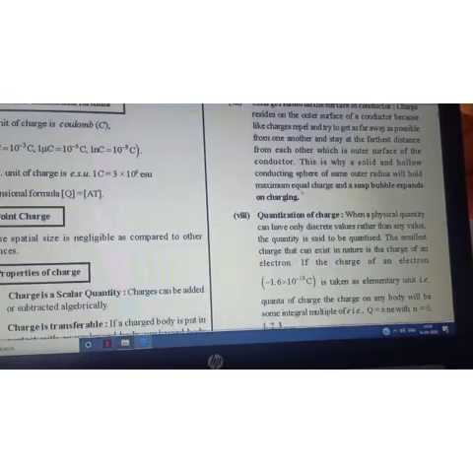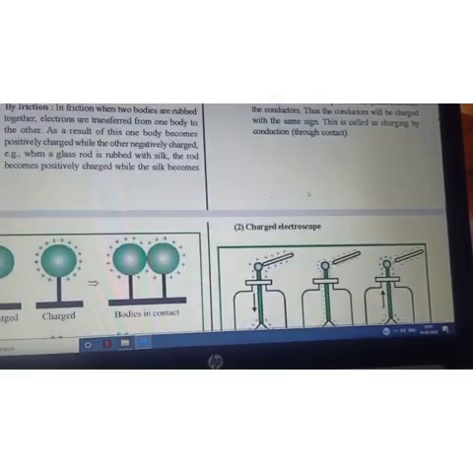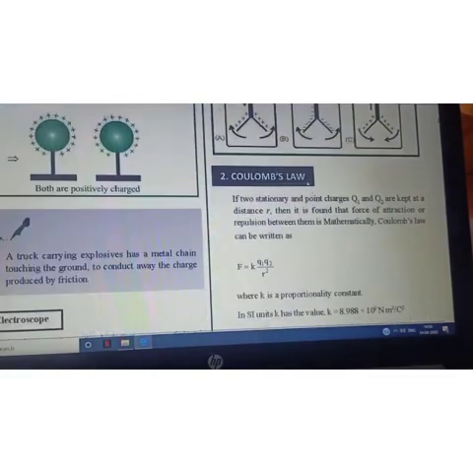So let's start with the next chapter in the next class, Coulomb's law. This is important: how much attraction or repulsion force takes place between positive or negative charges. So for the next class, this one is Coulomb's law.